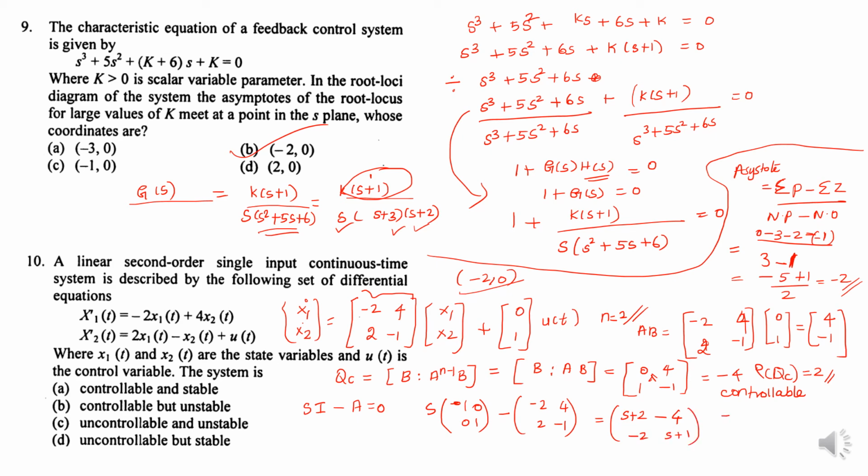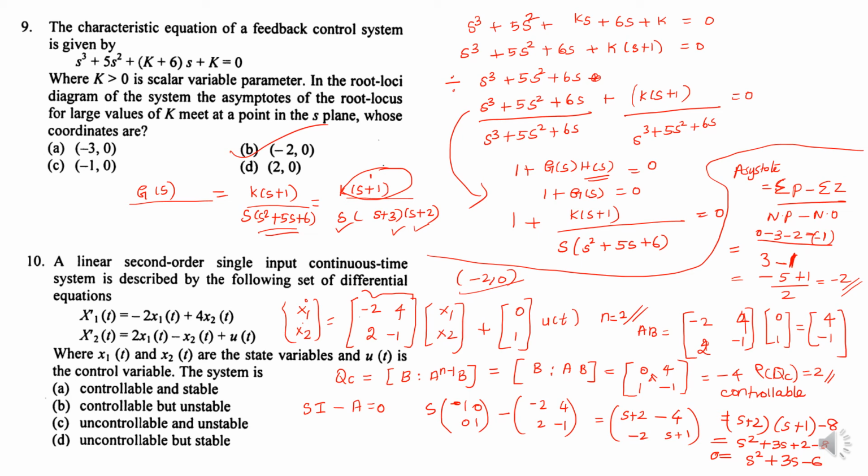So S plus 2 into S plus 1 minus 8. And now I have to expand this. S square plus 3s plus 2 minus 8. So what is the characteristic equation? S square plus 3s minus 6.